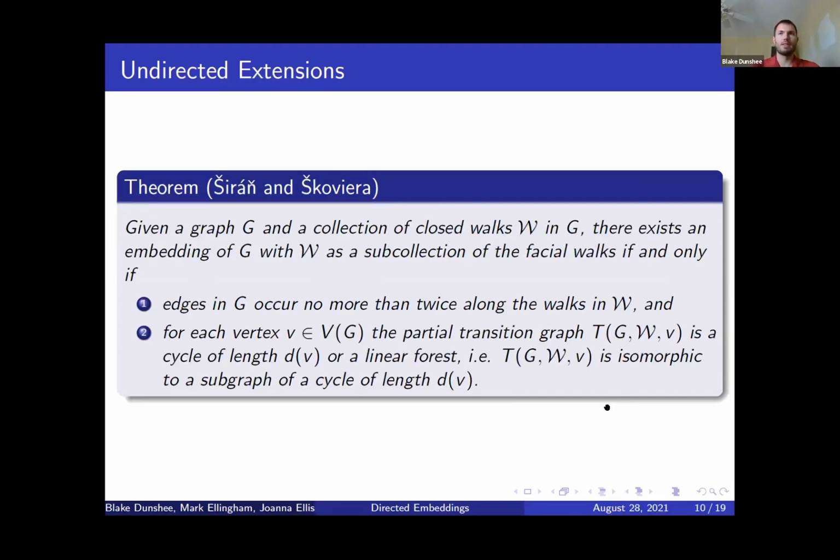And then second, that these partial transition graphs that I was just showing you previously are isomorphic to a subgraph of a cycle of length degree of that vertex. So all of these partial transition graphs have to be linear forests or subgraphs of the cycle of length d of phi.